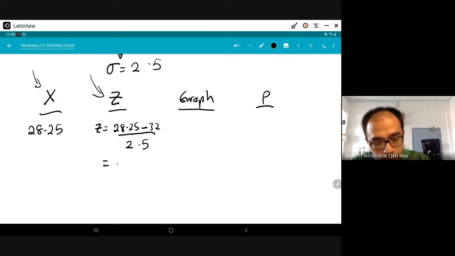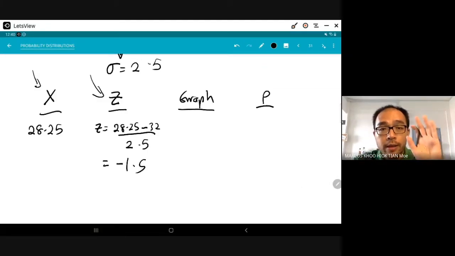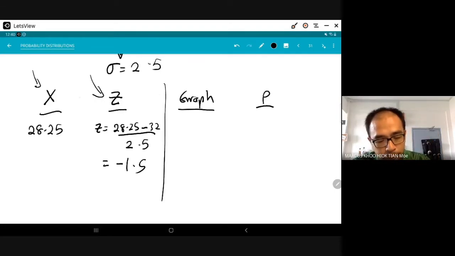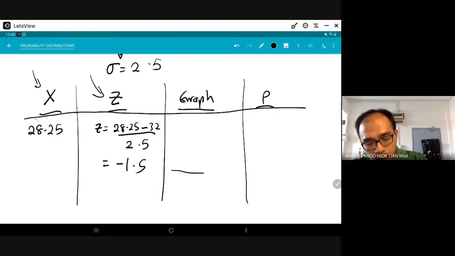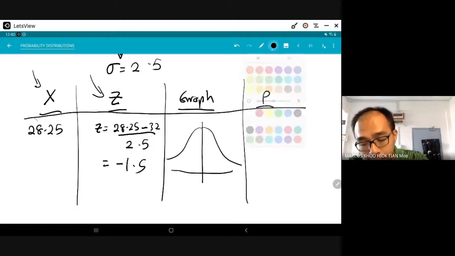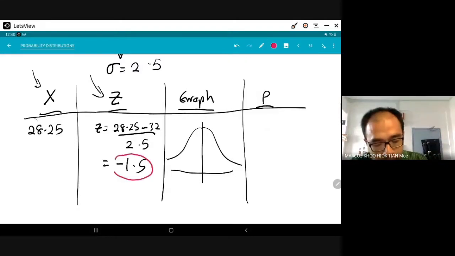Okay, negative 1.5. Now, when we draw the graph, the first thing you do is draw the bell curve. Then the next thing you do is place the negative 1.5 on the x-axis.